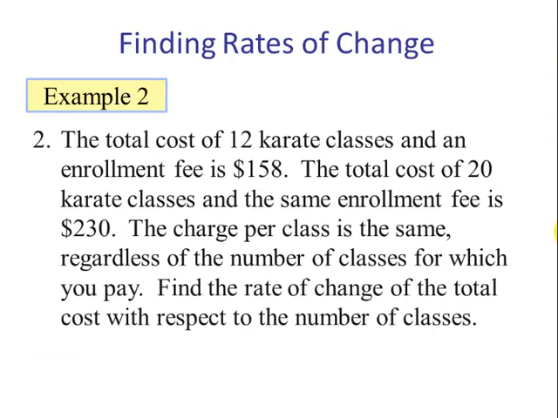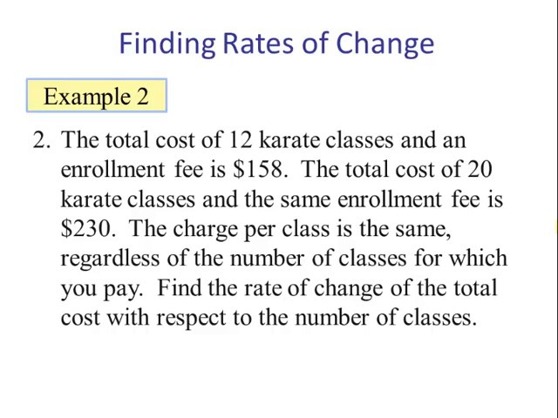Example 2. The total cost of 12 karate classes and an enrollment fee is $158. The total cost of 20 karate classes and the same enrollment fee is $230. The charge per class is the same regardless of the number of classes for which you pay.